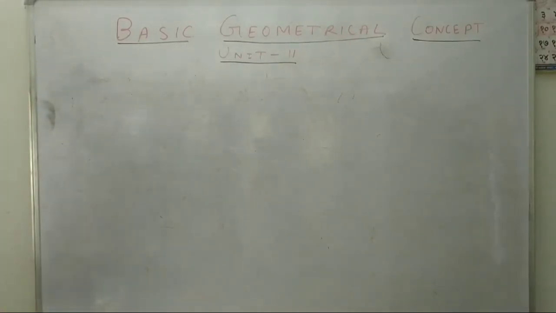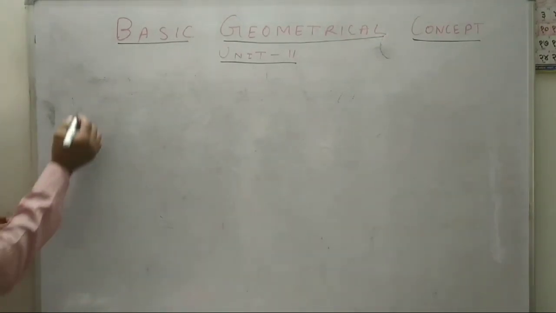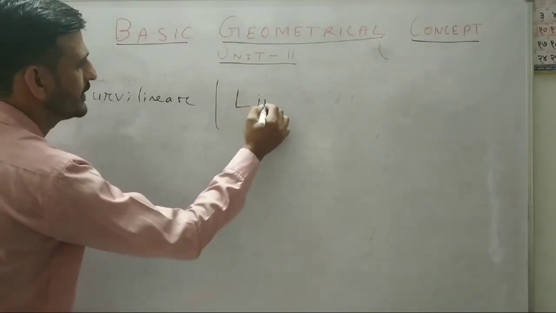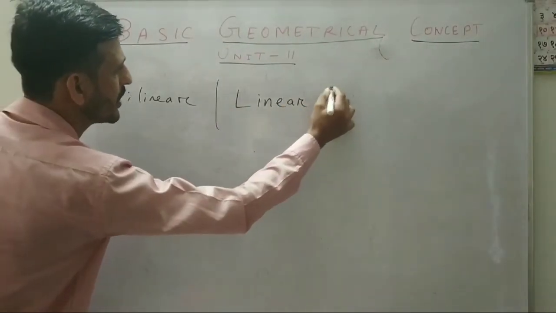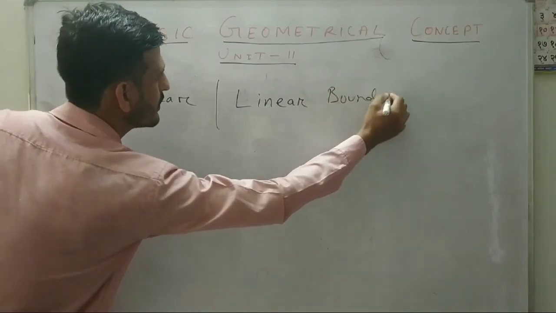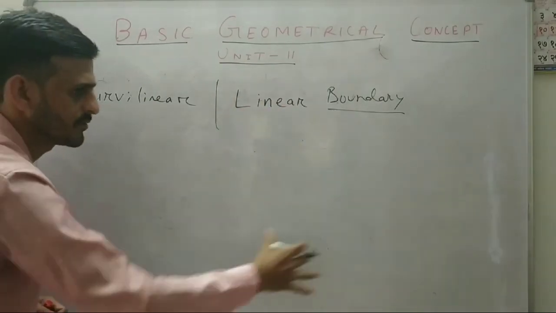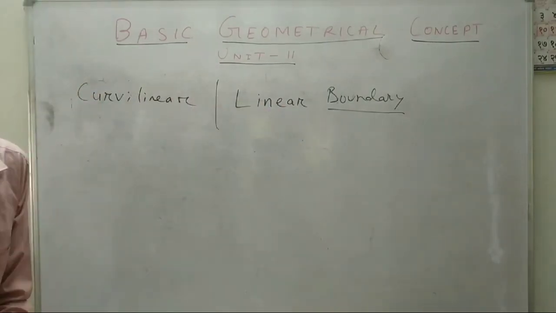Now we will move to the next and a small part, curvilinear and linear boundary. Boundary means, as we understood, what is just around the figure.